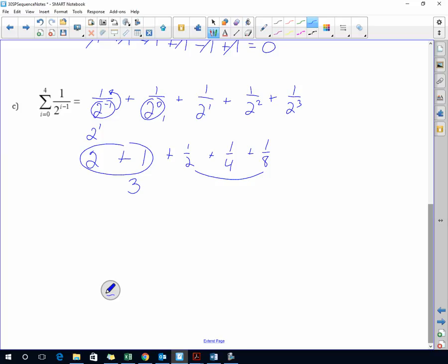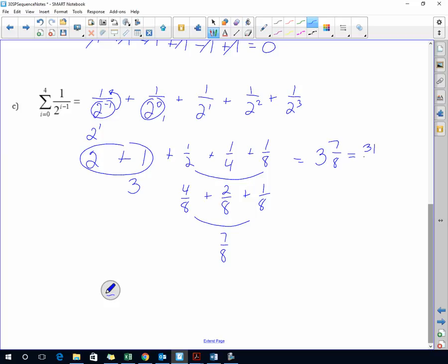So I get 3 and 7/8, but we haven't used mixed numbers since we're in grade 9, so change it into an improper fraction. 3 times 8 is 24, and 7 make 31 over 8. You could have changed this into denominators of 8 at the beginning, but there you go. What do you think about sigma notation?